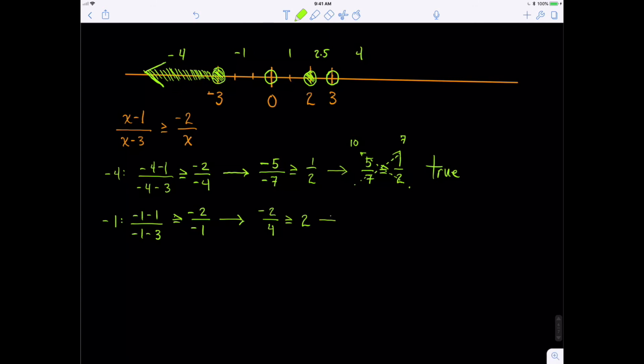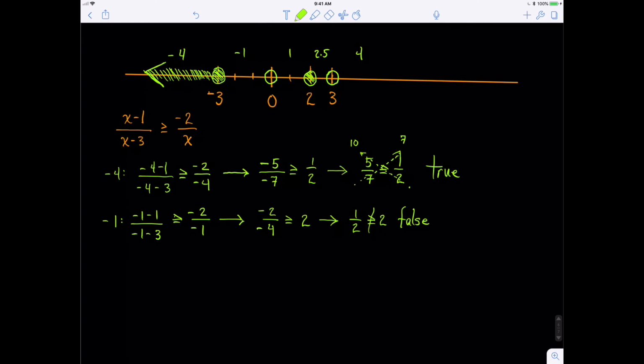And if we come one more step, the question is saying, is 1/2 greater than or equal to 2? And the answer is no, false. So we do not shade the region between negative 3 and 0.